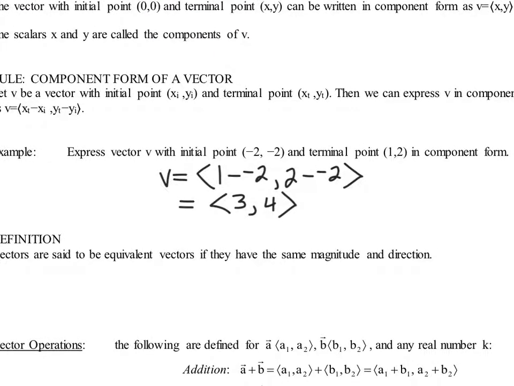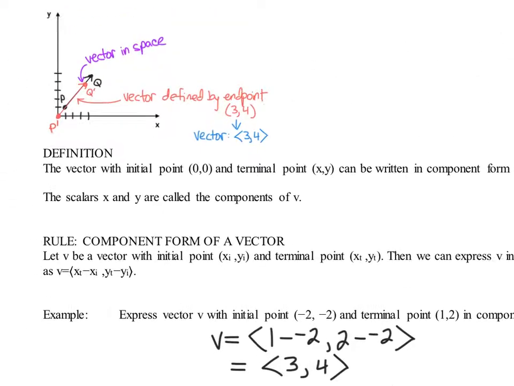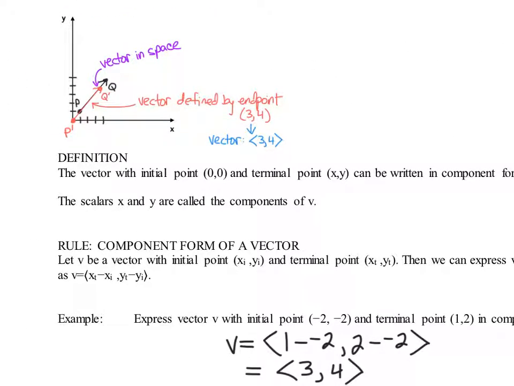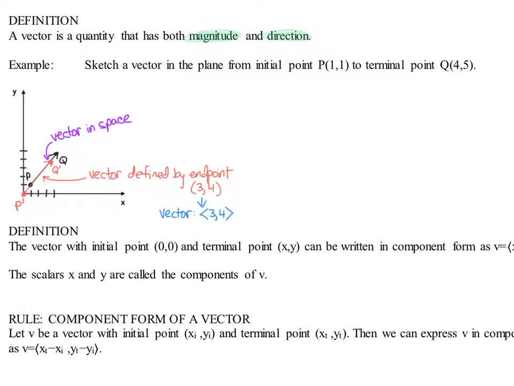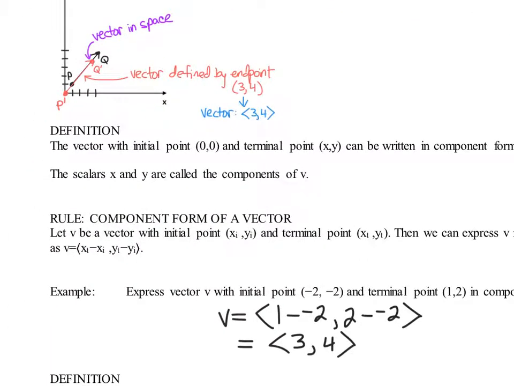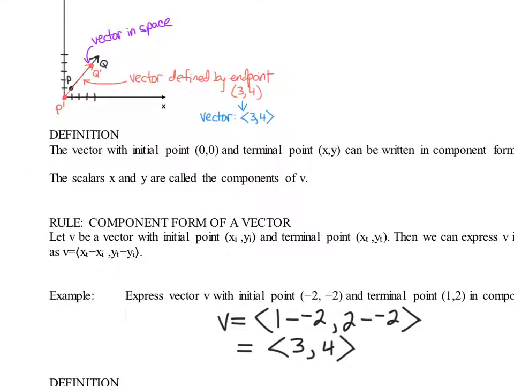Vectors are equivalent if they have the same magnitude and direction. Right? So I can draw a bunch of different vectors in space in such a way that when I pin them down, they all give me the same vector in component form. Here's an example right off the bat, because I started off in that intro example with 1, 1, and 4, 5, and that gave me a vector 3, 4.